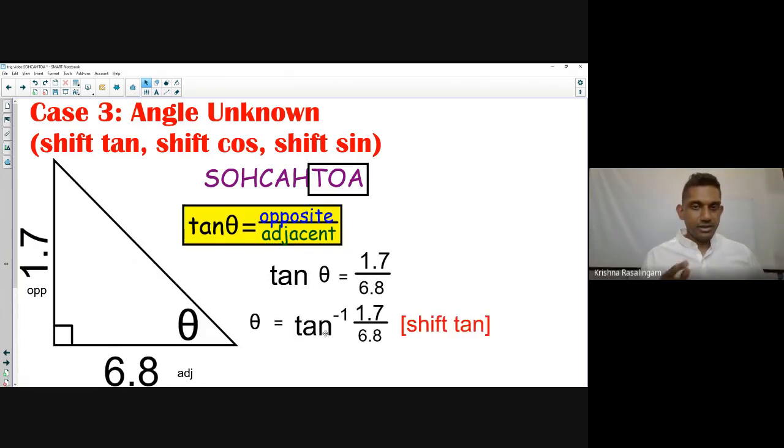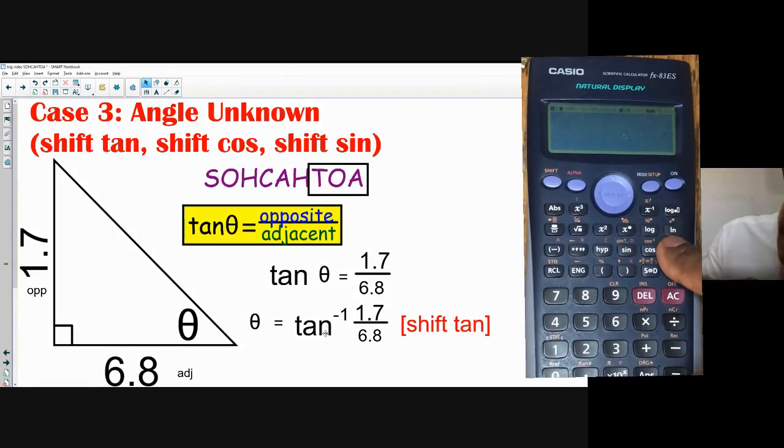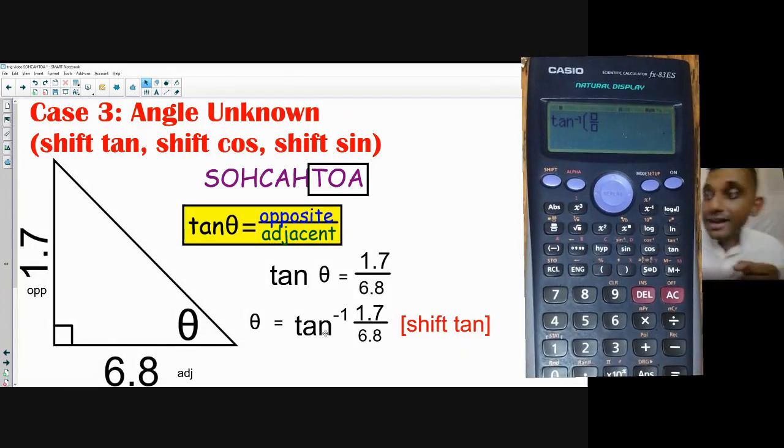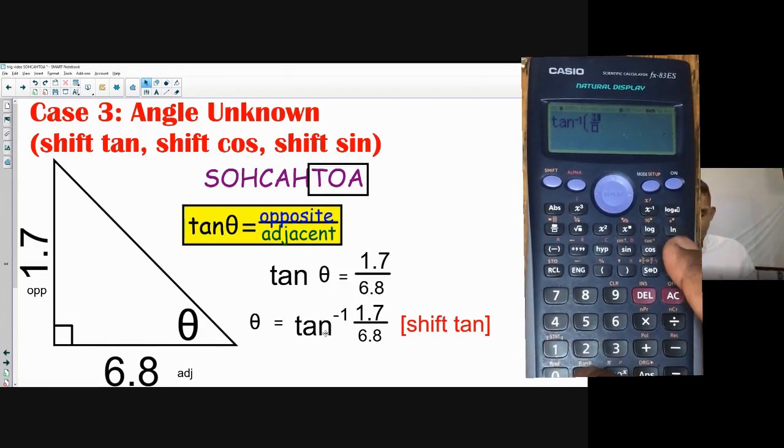Now, to tell the calculator that we're trying to find an angle, you must press shift on the calculator. The shift button's in the top left-hand corner. So I'm going to press shift and then tan, and now type in 1.7 over 6.8, and I must close the bracket. So that's what I'm typing into the calculator.